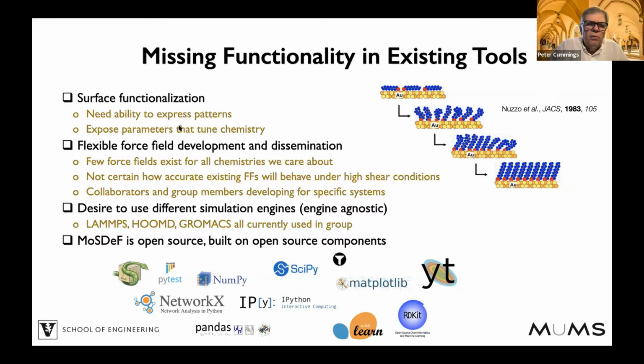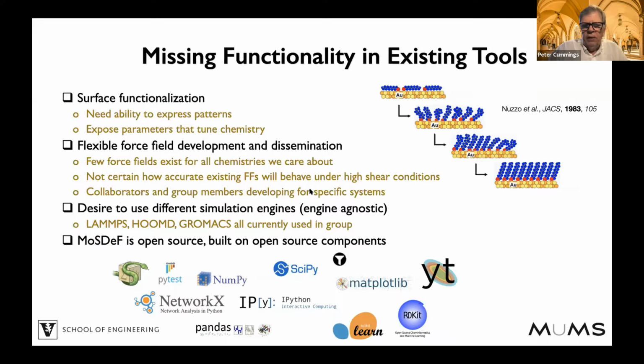So we need to be able to do surface functionalization. For a lot of the systems that we were doing, we had to do some force field development because they didn't exist for the systems that we wanted to model. And so that got us interested in disseminating force fields.